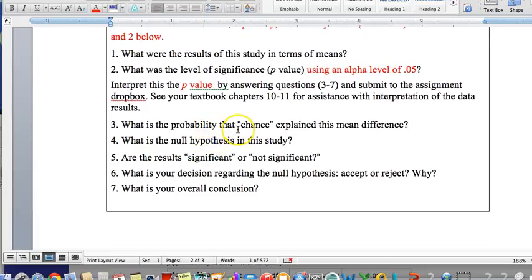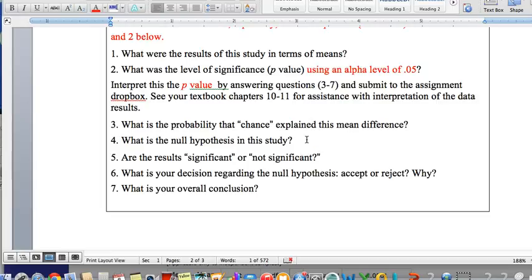What's the probability that chance explained this mean difference? Well, it was less than 0.05, so we know it was significant. Chance explained this difference at a level of 0.0001, or 0.001% chance.